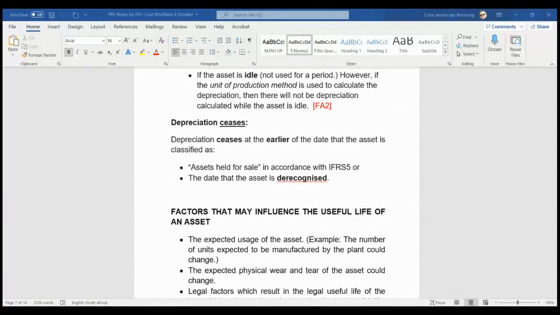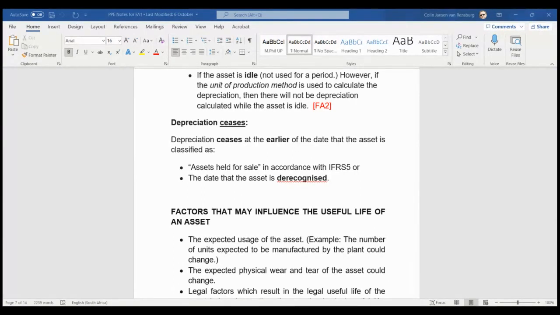Nobody wants it because it's redundant or it's broken or whatever, then it should be derecognized. So if it has no further future economic benefits, in other words, you cannot use it anymore and you cannot sell it either, that is the one possibility.